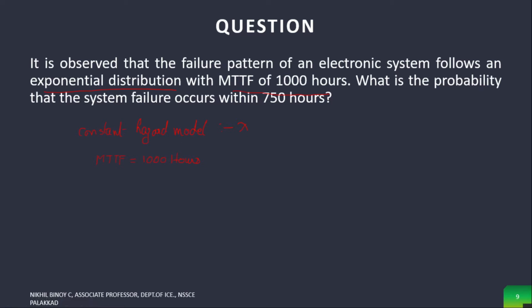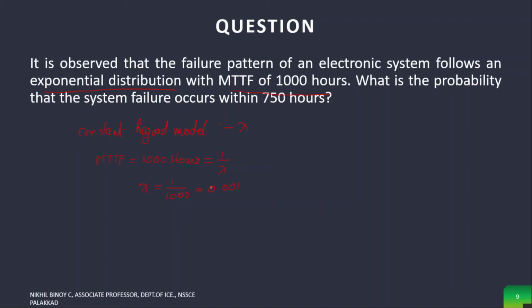Yes, exactly. MTTF is equal to 1 by lambda. So from this MTTF itself, we have the constant hazard value, that is lambda is equal to 1 by 1000, which is 0.001 hours inverse.